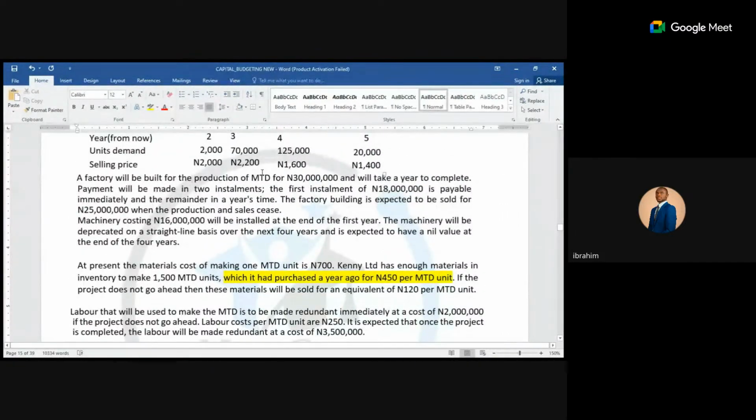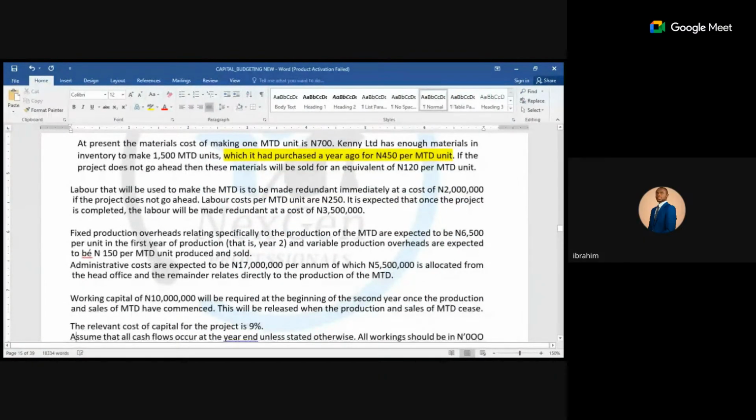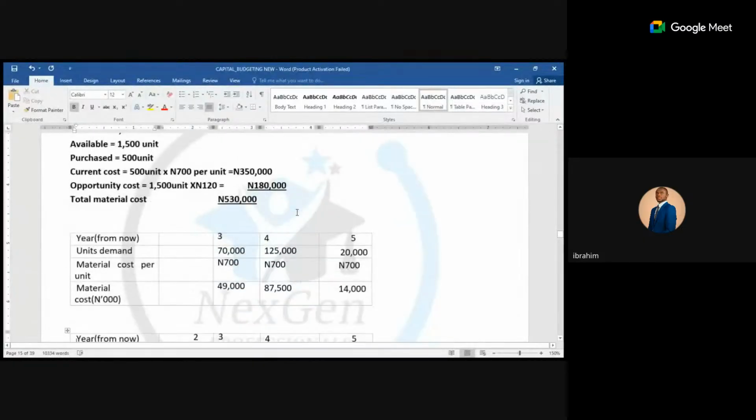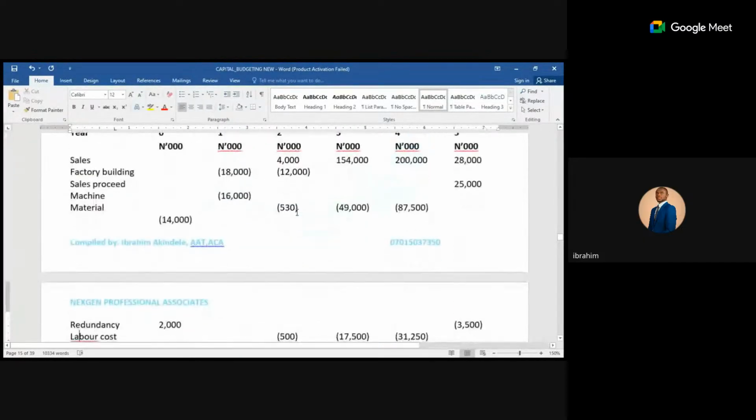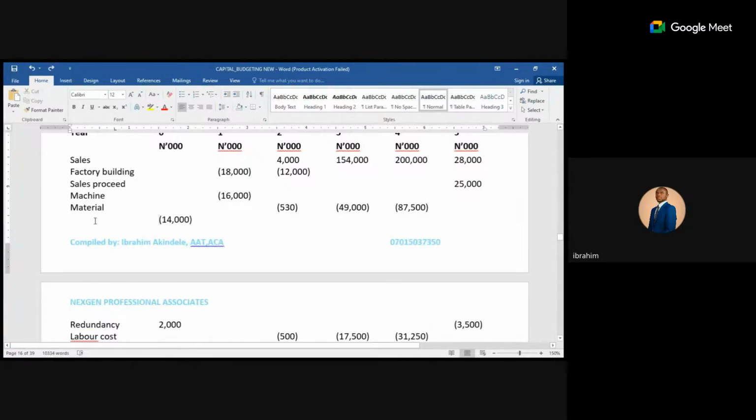Okay, 16 million for the costs of the machine. Where did we have this figure here?